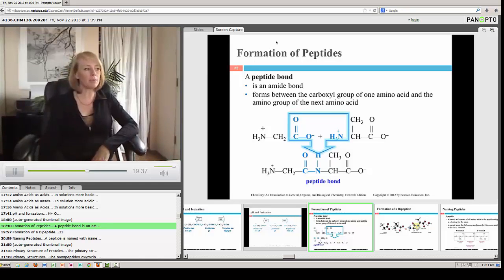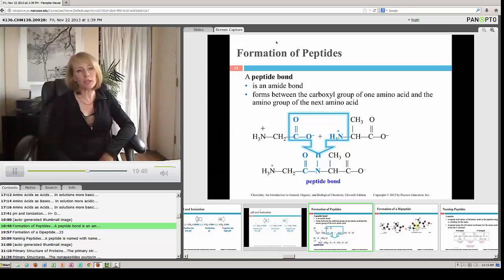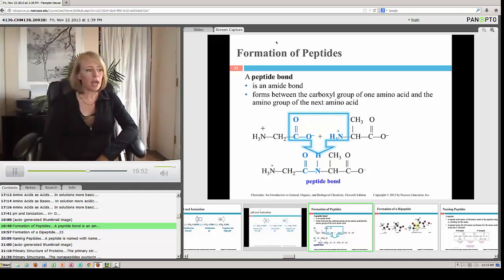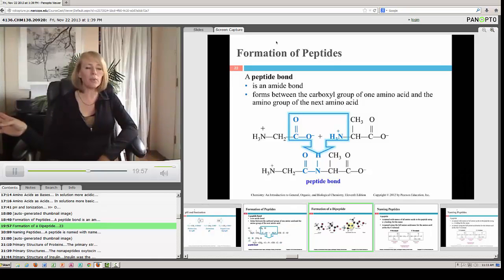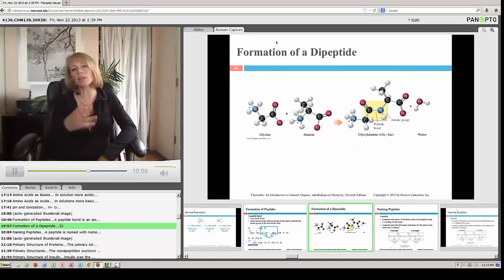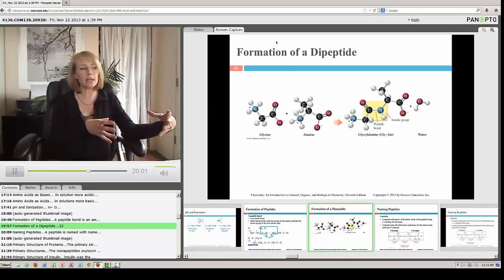When we name peptides, you're going to drop the last E off of the name of the amino acid, and add a YL, okay? And then put it in the order that it's found, from the N-terminal to the C-terminal. N-terminal means the amine side of the protein chain, and the C-terminal means the carboxylic acid side of the protein chain.